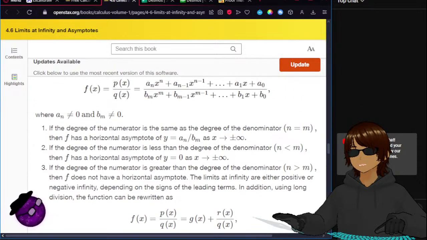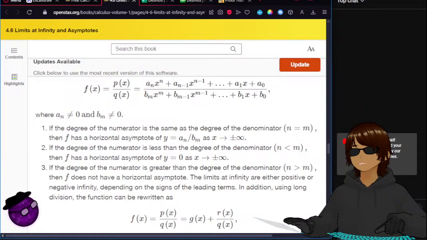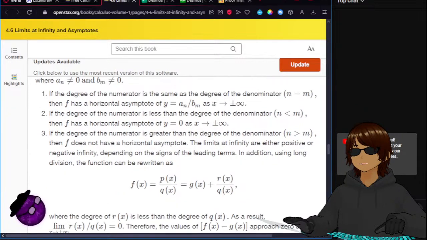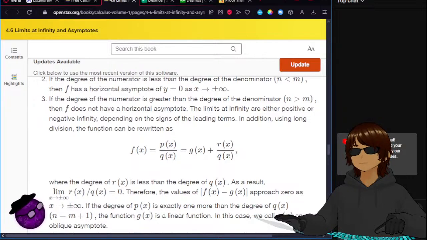If the degree of the numerator is lesser than that of the denominator, then the denominator will be going to infinity. If the degree of the numerator is greater than the degree of the denominator, then f does not have a horizontal asymptote. The limits at infinity are either positive or negative infinity depending on the sign of the leading term.